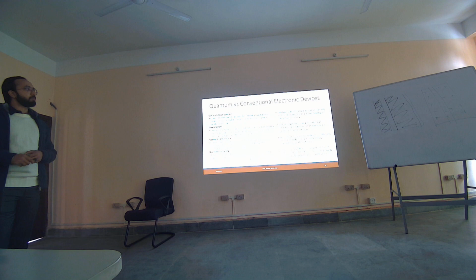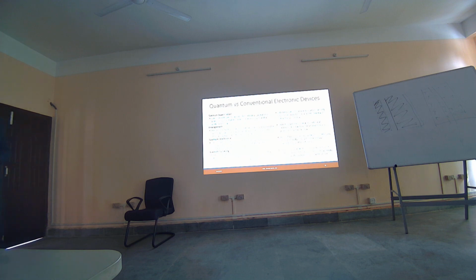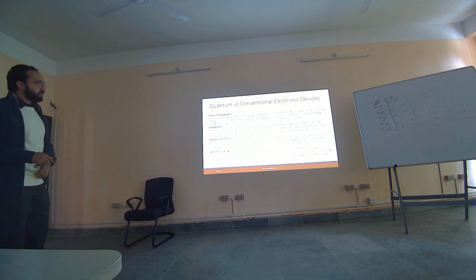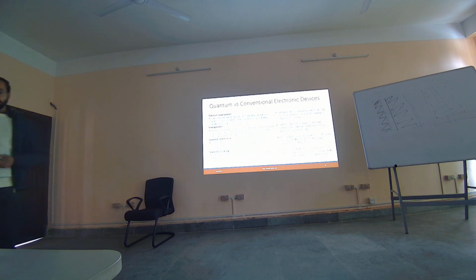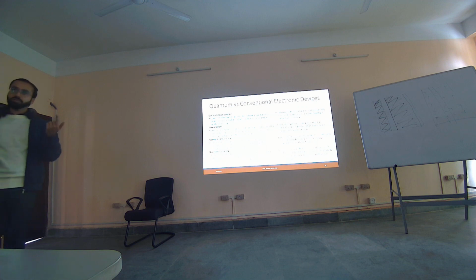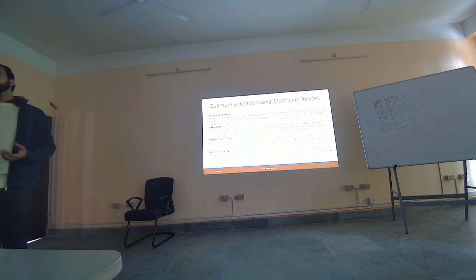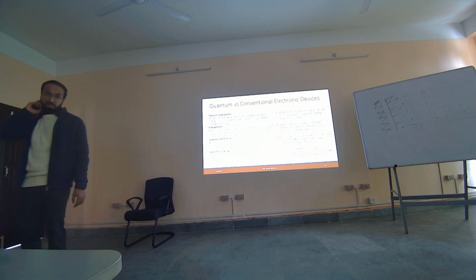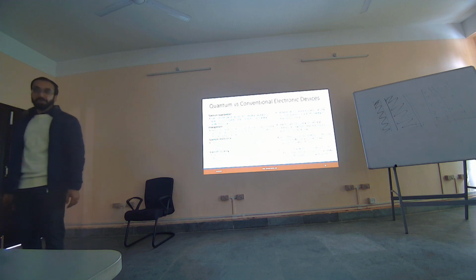So this is one difference, taking the example of the quantum bit and how superposition can be used. Second is entanglement. Quantum devices can use entanglement, and as I said already, the demonstration has been done that changing a photon here can change a photon there, which basically means I can communicate at quantum speed. Currently, my classical ways of communication are limited. We talk about 5G, 6G and higher speeds, but these are very limited.